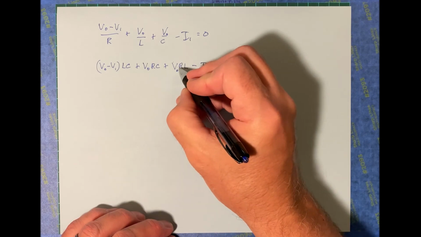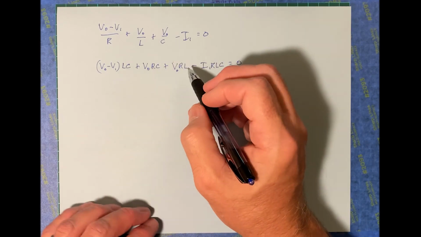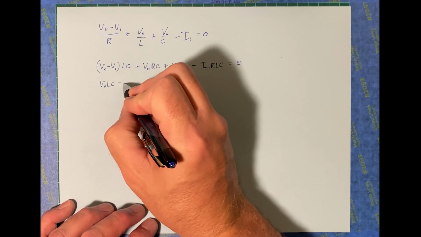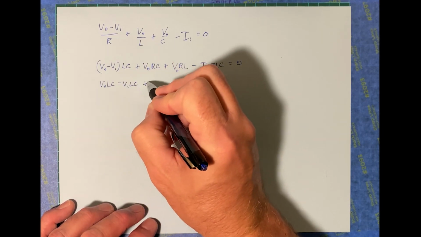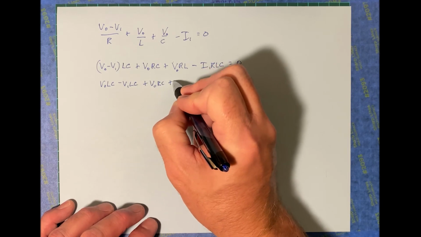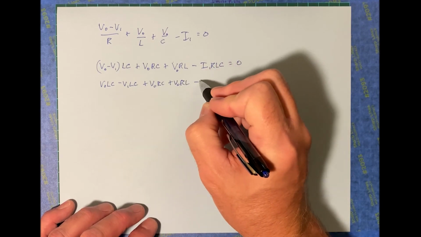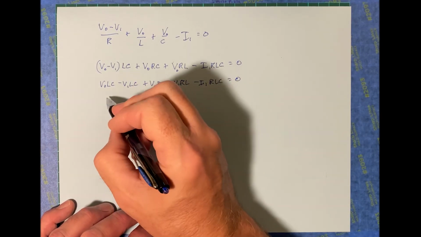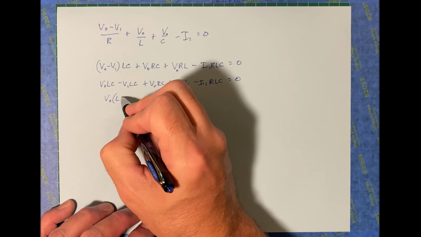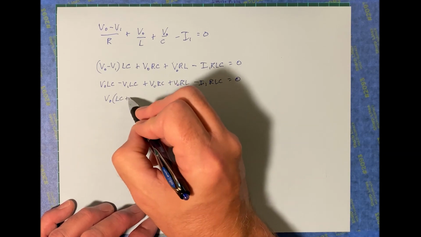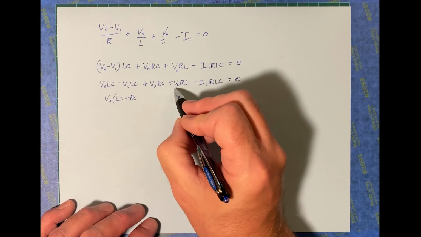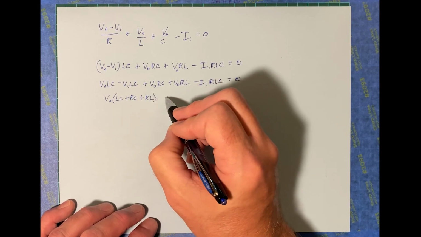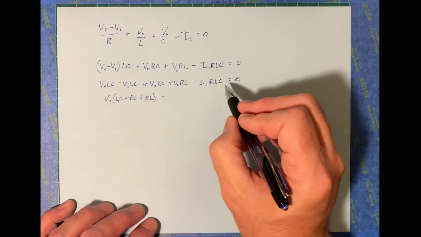Now I can factor out V0. I notice I've got a V0 in these first three terms here. I can distribute the LC, so I've got V0 LC minus V1 LC plus V0 RC plus V0 RL minus I1 RLC equals 0. Factor out the V0 now. I've got V0 times LC plus RC plus RL, and then I can move this other stuff over to the other side.